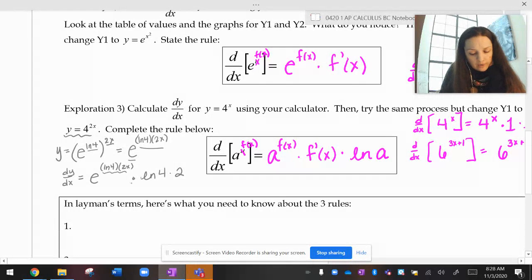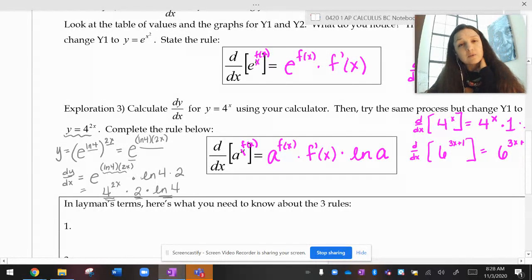When I look at this, I can say, wait a second, e to the ln 4 times 2x is really 4 to the 2x, because that's how I rewrote it in the beginning. And then I have times 2 times ln 4: there's the original, times the derivative of the exponent, times the ln of the base.